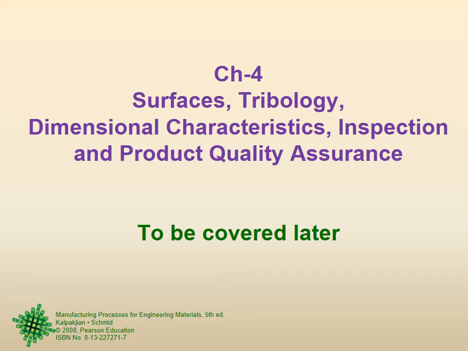So we will cover directly a chapter on the basic manufacturing process of casting. Once we have done some manufacturing, then we can go back to how do we improve surfaces, what is tribology, how do we inspect, how do we do quality assurance.